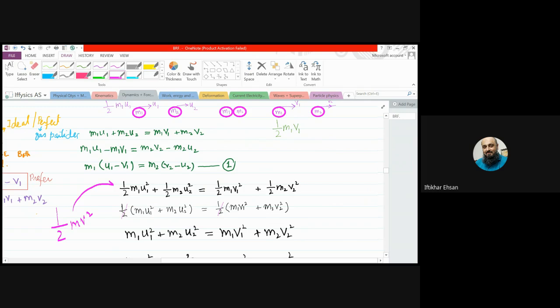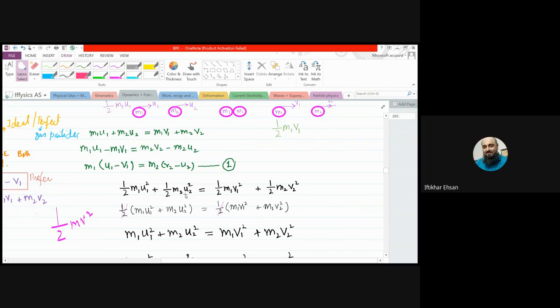The same, just for the first object the mass will be m1 and the velocity will be u1. Clear? And then similarly for the second object, it will be m2 and velocity u2, u2 square. Is it clear?